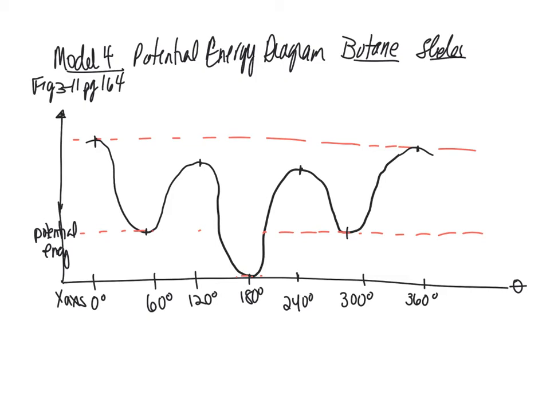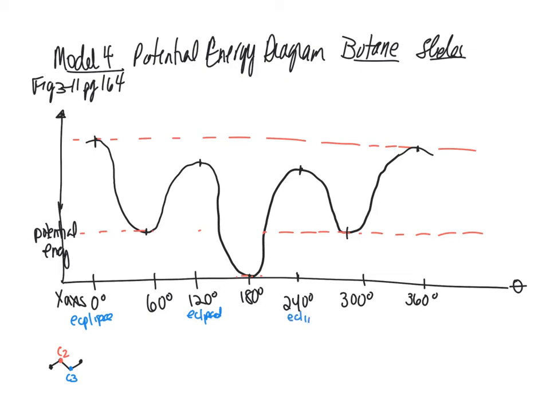Okay, so if you have butane, carbons 1, 2, 3, 4, we're rotating around the carbon 2 and carbon 3 bond. So what does this look like? The first one is eclipsed. On all these eclipsed ones, I'm just going to go ahead and draw the Newman projection here.